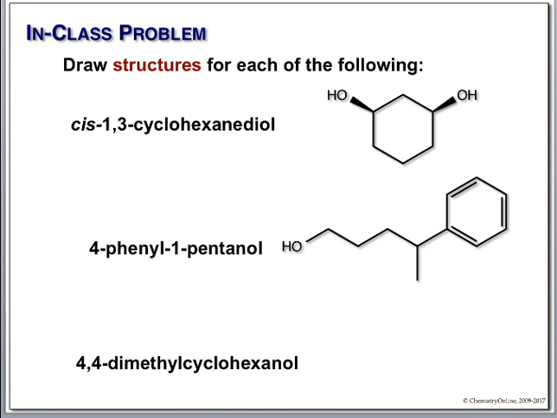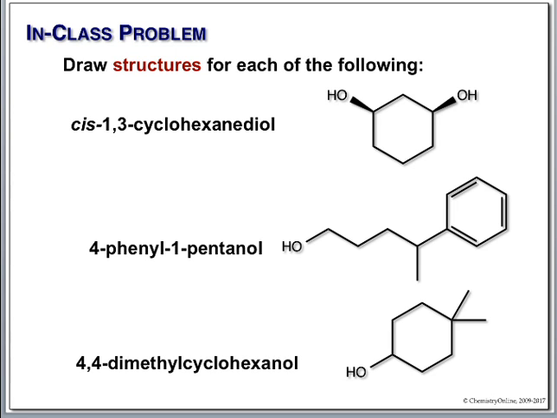And this is a cyclohexanol. So a 6-membered ring with an OH. And in carbon 4, we have 2 methyl groups. Any question?